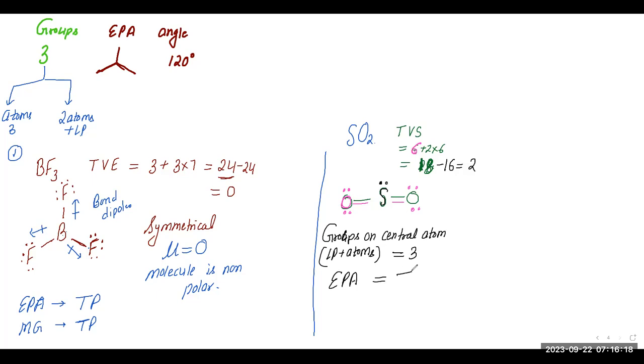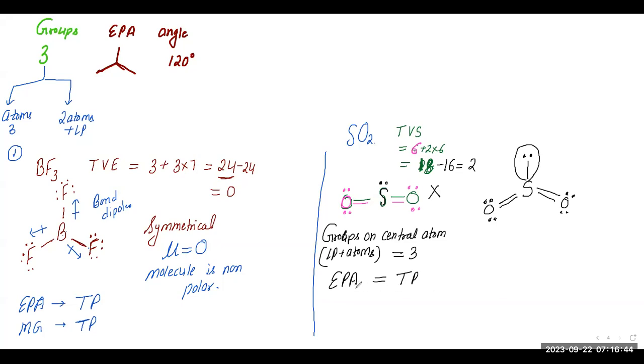EPA is trigonal planar. So it means the molecule is not like this. How is it? Like this. Put it like this, 2 oxygens, right? This is EPA. But what is here? A lone pair, like this.